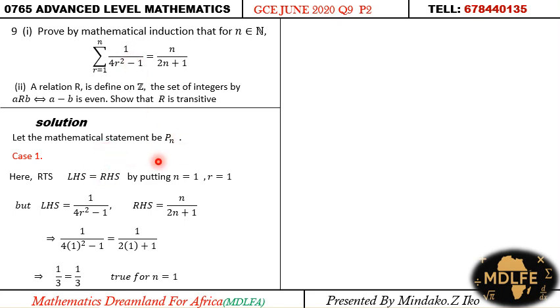So I defined my own variables as n equal to 1 and r equal to 1. That is why I conclude that it's true for n equal to 1, because the question is talking of n in N, not r in N.